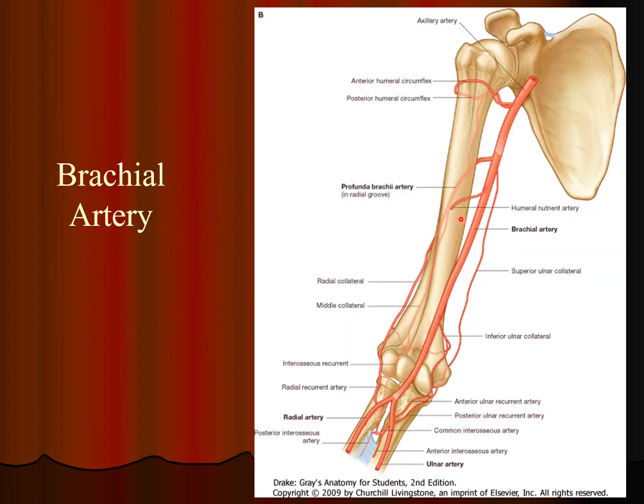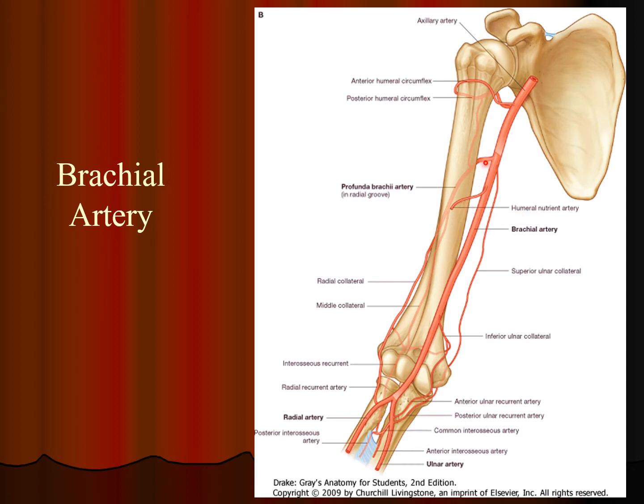So here we can see the brachial artery, which is running down and lies over the muscles we already discussed, brachialis, and when it reaches opposite the neck of the radius, it divides into two terminal branches, radial as well as ulnar. It gives a humeral nutrient branch to the bone.